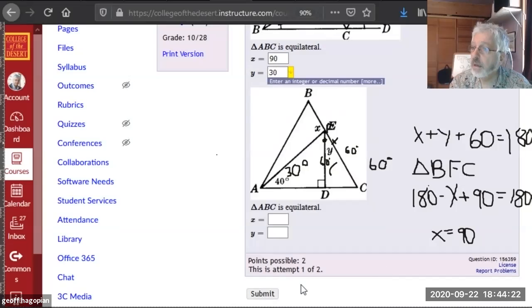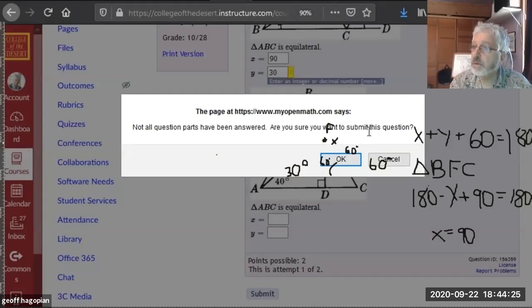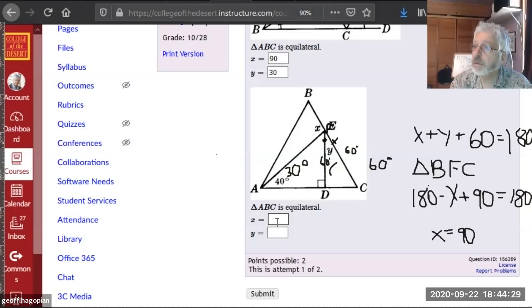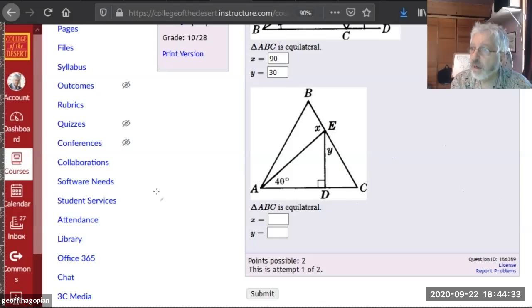And let's check that. Oh, I didn't do this. So we have another one here. Okay, let me clear the decks here. So over here, what's going on here?